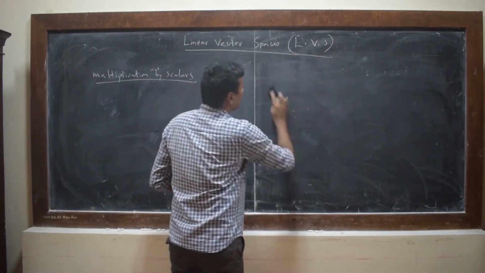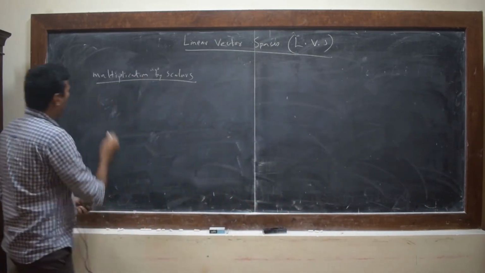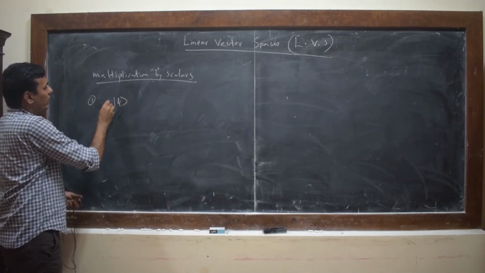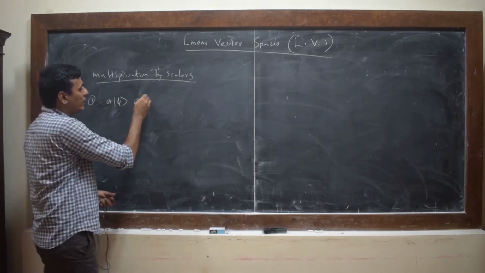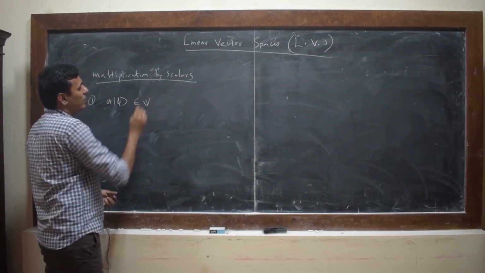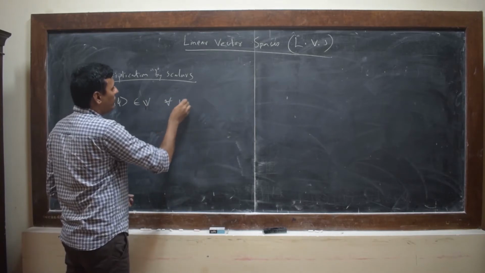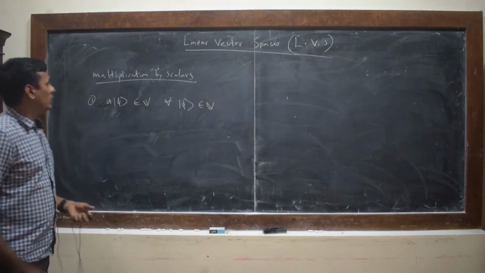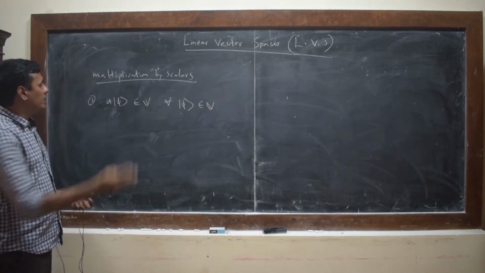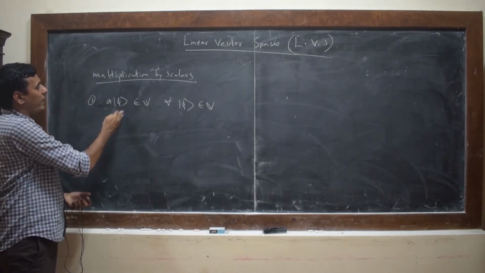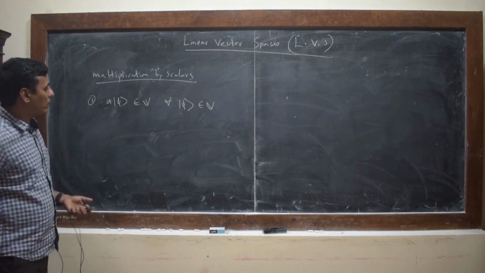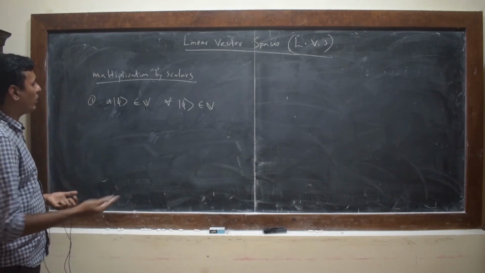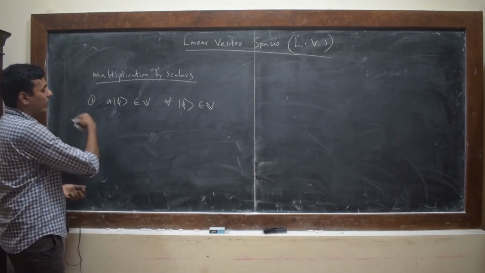Okay, so I will just list the properties. If phi is a vector, then A into phi should also belong to the vector space V for all phi belonging to V. So if phi is a member of the vector space, then multiplication by a scalar A into phi should also be a member of the vector space, where A can be a real or a complex number.